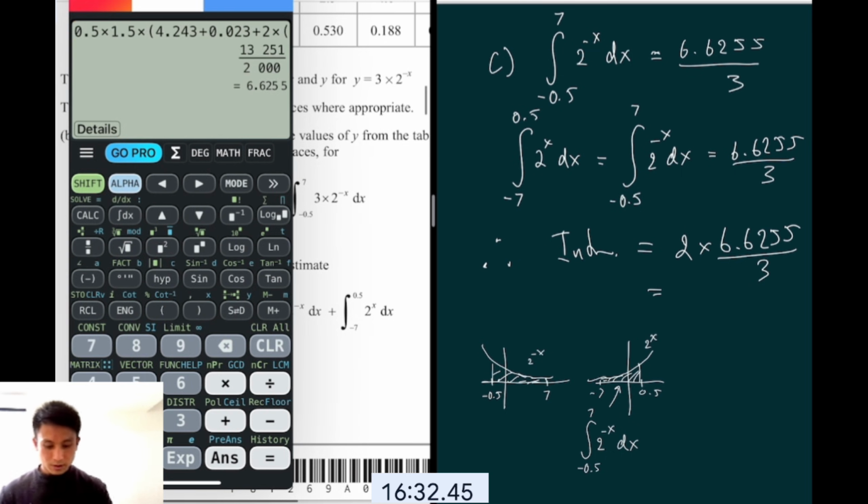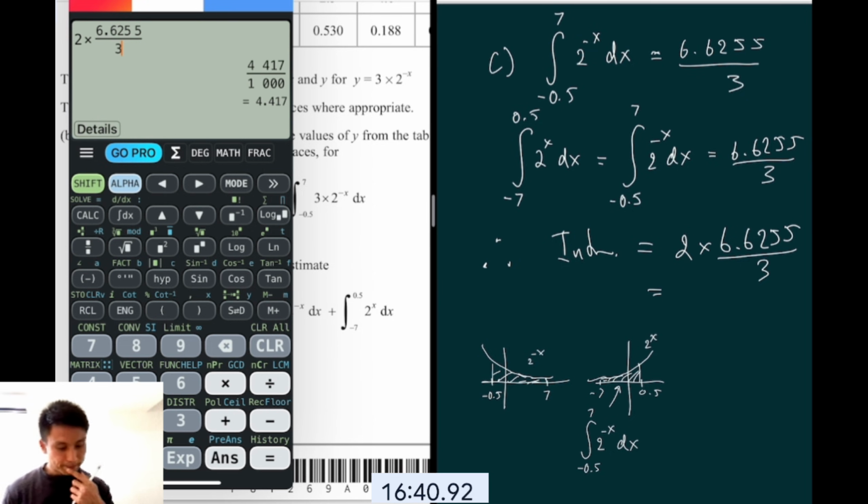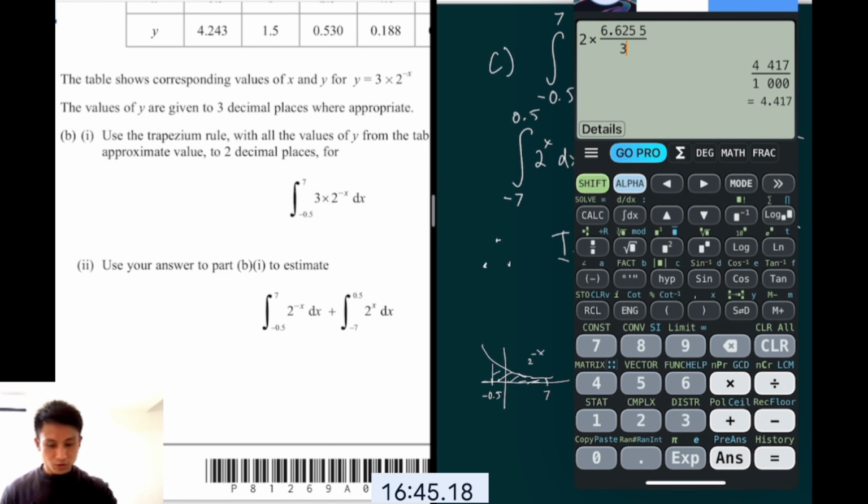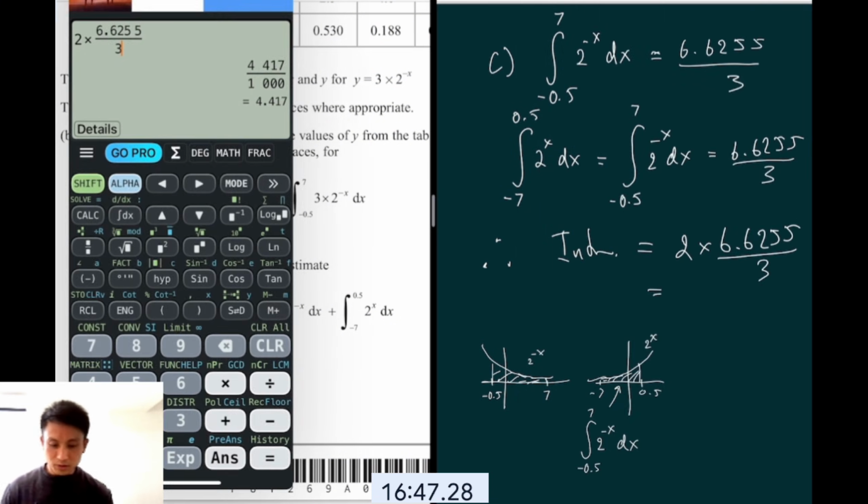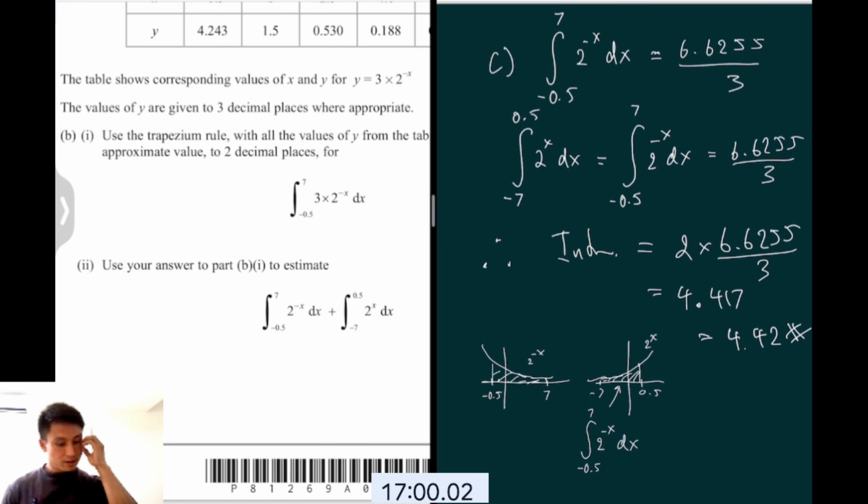Okay, so I'm just going to do 2 times 6.6255 divided by 3. And that should give me 4.417. Because it's 2 decimal places, I'm going to keep 2 decimal places. So 4.417 or 4.42. That's it. That's done. Yeah? That should be fine.